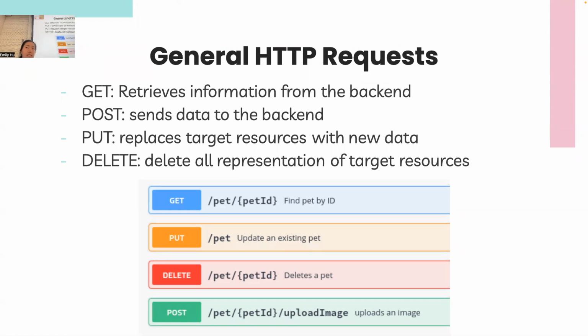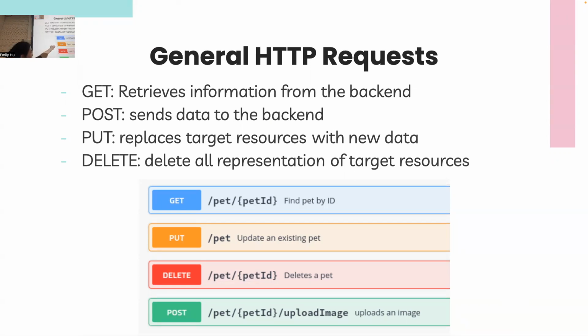In the backend class, there's a Reddit assignment, where POST would be creating a new post, and GET would be getting all the posts under a certain topic that you want. And then PUT will replace the target resource with new data. This can be replacing a post or updating a post. And then DELETE is you just delete everything. So you can delete all the posts under a certain category. You can also delete the category.